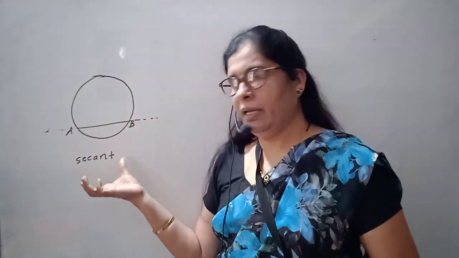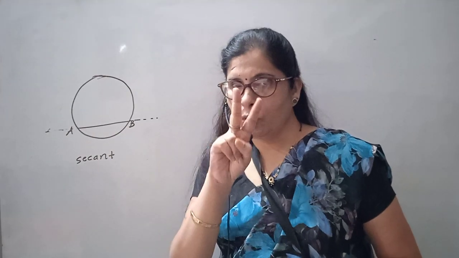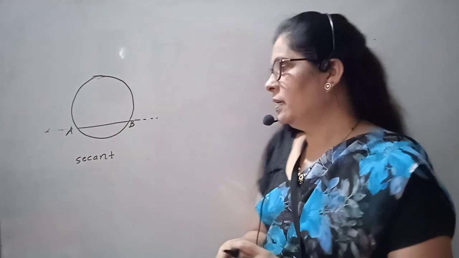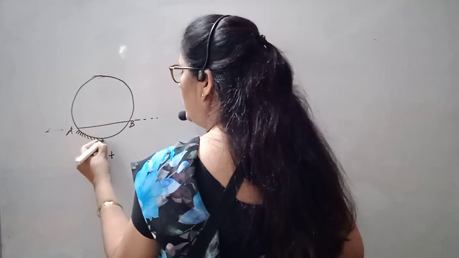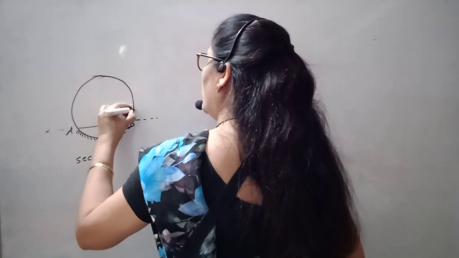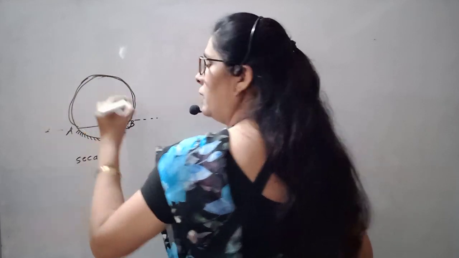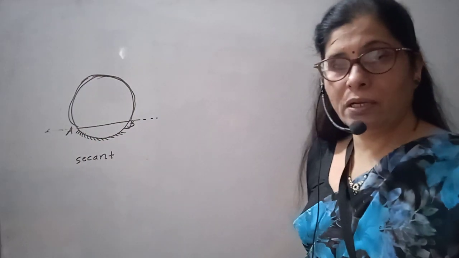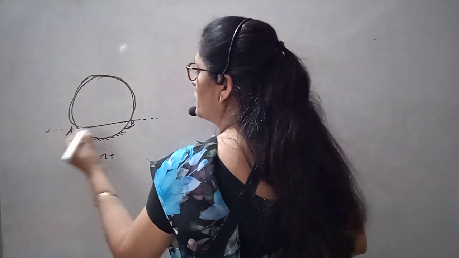This chord AB is dividing the circle in two parts. Then each part is known as arc of the circle, including these endpoints.